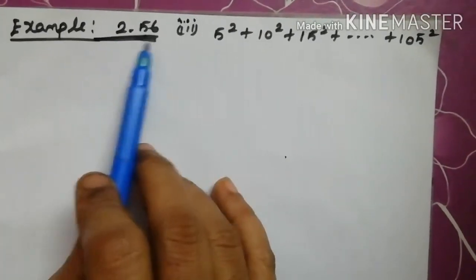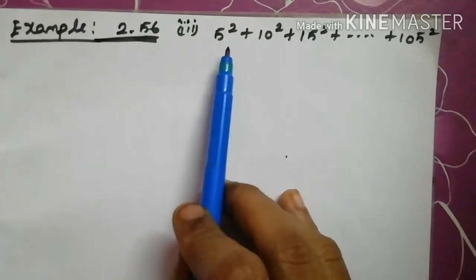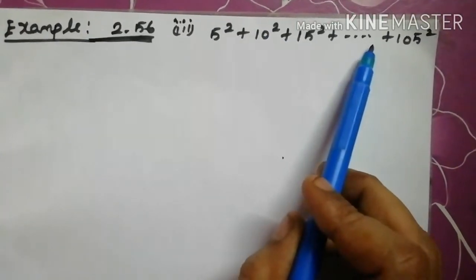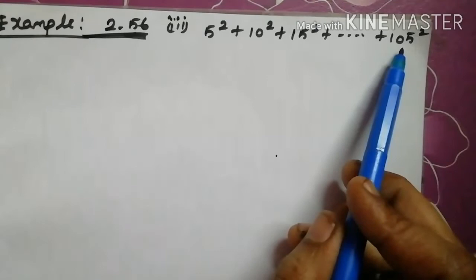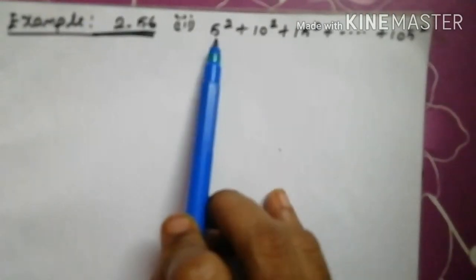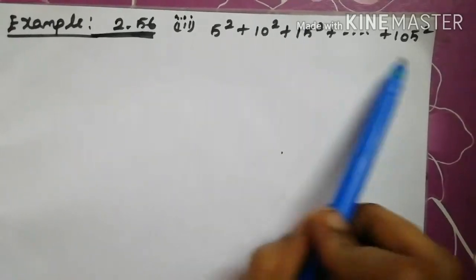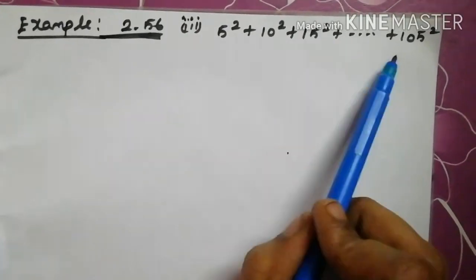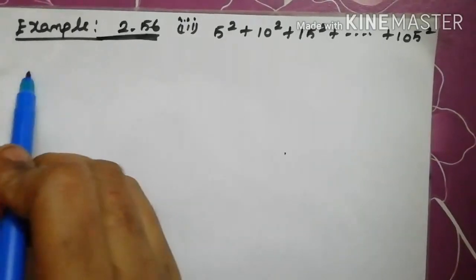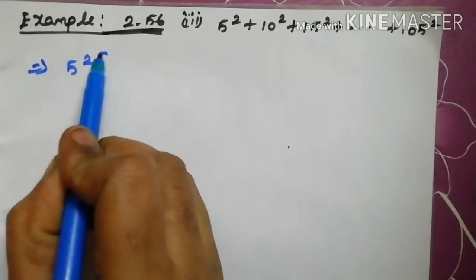Next, example 2.56 third sum. Listen: 5 square plus 10 square plus 15 square plus etc. plus up to 105 square. Here the numbers are not continuous, that is 5, 10, 15 and so on. So let us take a common number outside. Here we take 5 square outside.